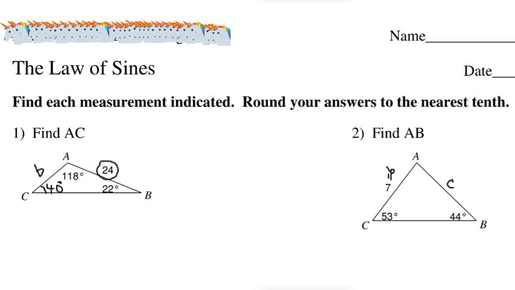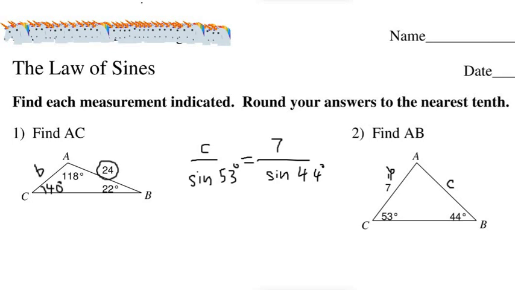Right, so let's try to apply the sine rule. c over sine C, let's start with that. c over sine 53 degrees will be equal to b over sine B. And our b is 7 over sine 44 degrees.